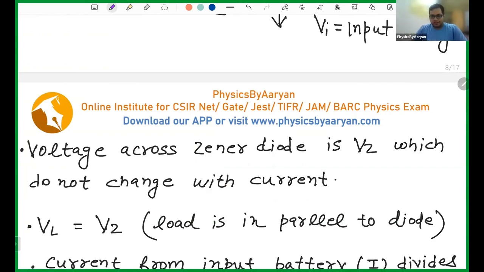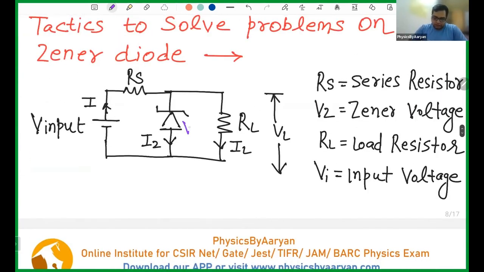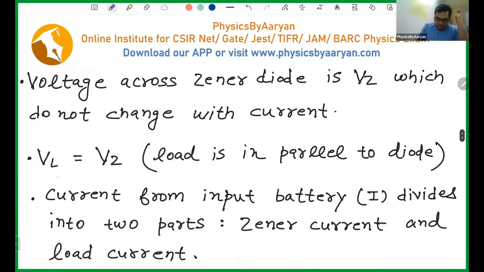Now, if the voltage across the Zener diode is Vz, what is the voltage across the load? Vz, the same, because the Zener and the load are in parallel, and in parallel the voltage remains the same. So the voltage across the load resistor is also Vz. It means VL is equal to Vz.